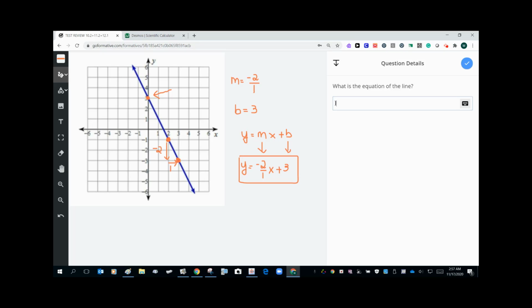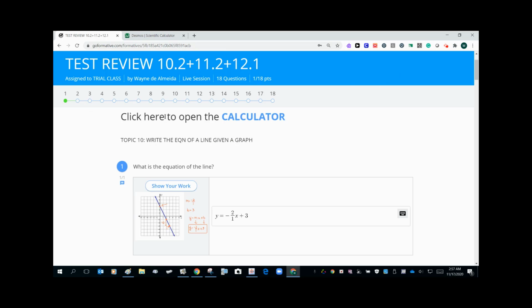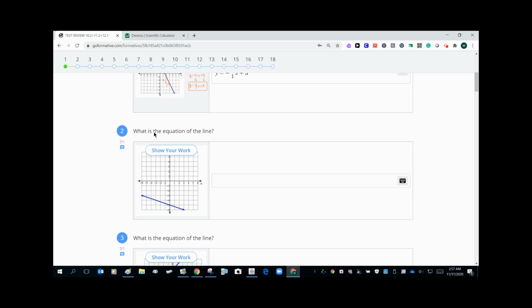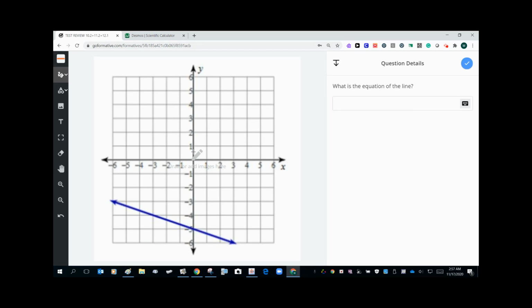Right now, all I have to do is write y equals -2 divided by 1, arrow x plus 3. Plus 3. Okay, that matches. So let's press the check mark, and I get a green light. Very good. Let's go on to the next problem.